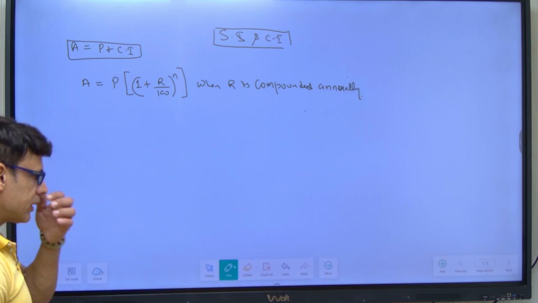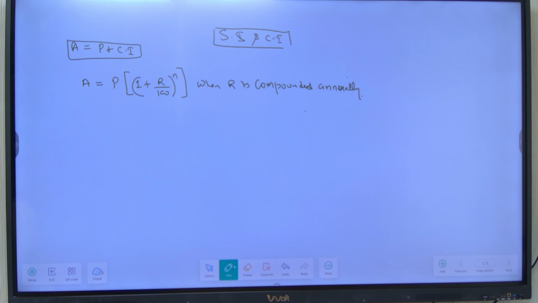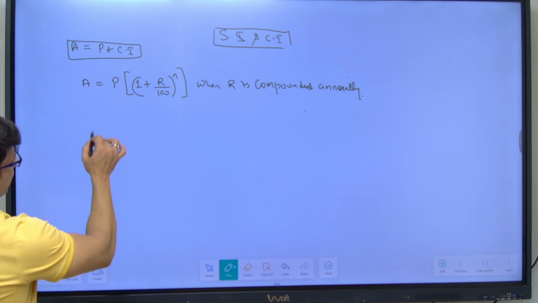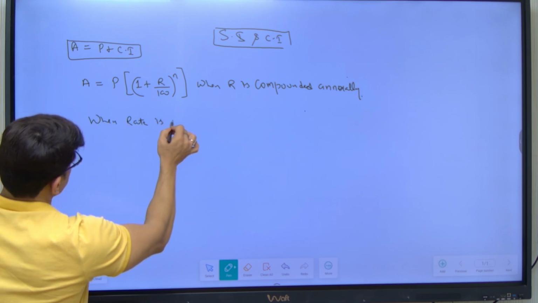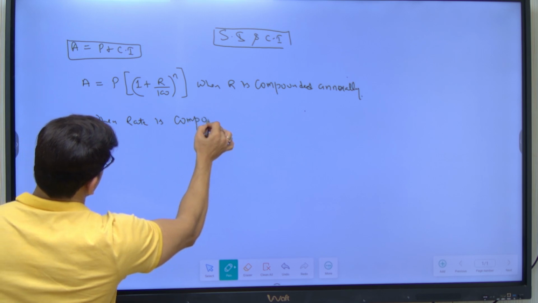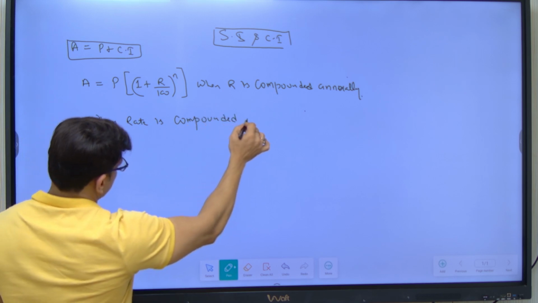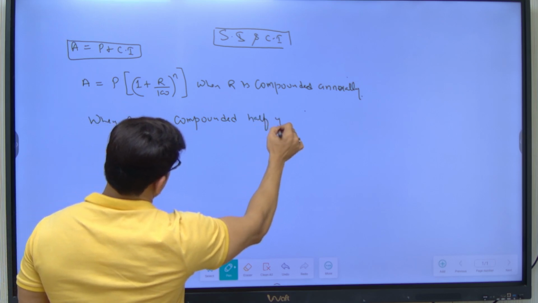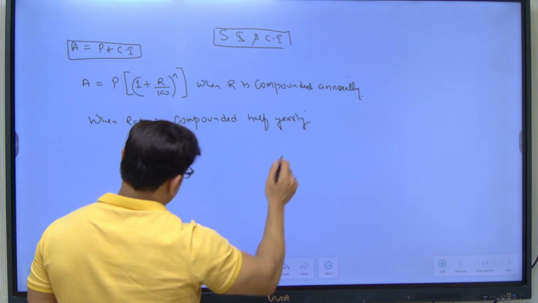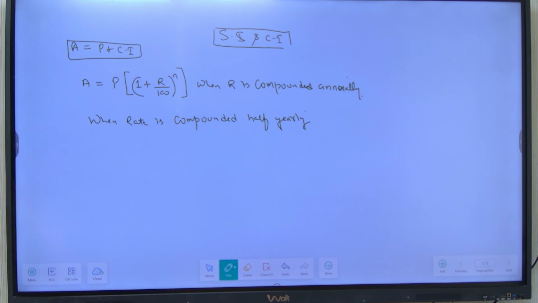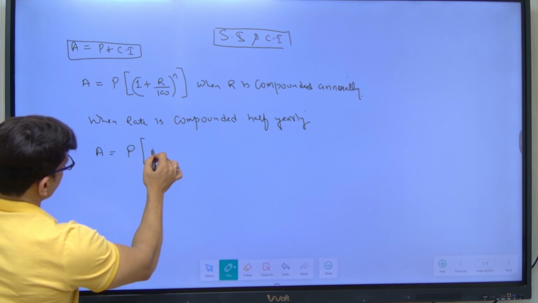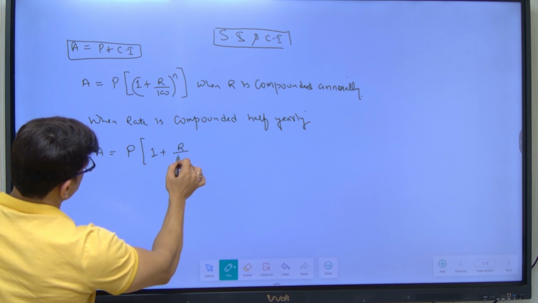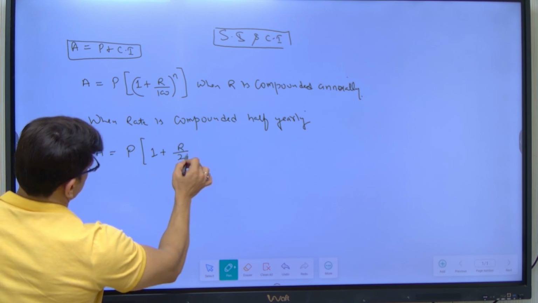When rate of interest is compounded annually. Now, when rate is compounded half yearly, then the amount formula will be P into (1 plus R by 2 into 100) raised to the power 2n.